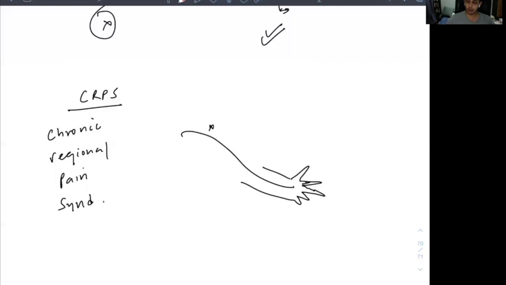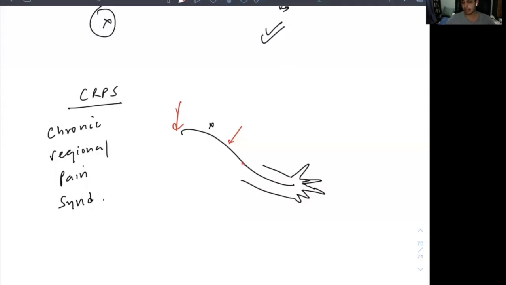Because of some trauma, some axillary damage or elbow damage, whatever be the reason, there is some nerve damage, and that leads to secondary autonomic dysfunction, and gradually your distal bones start undergoing osteolysis.